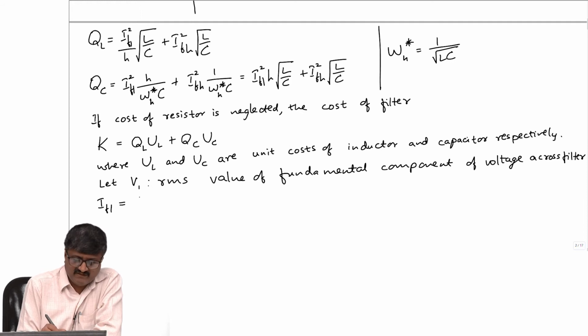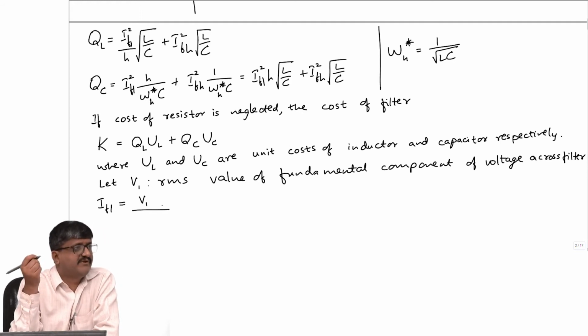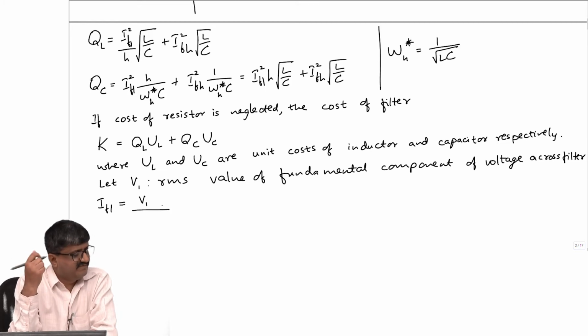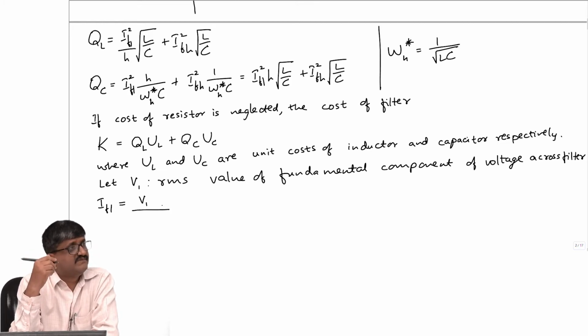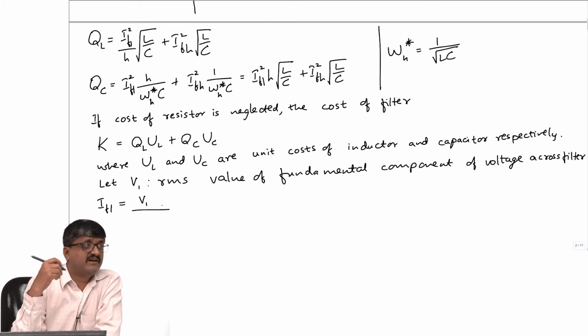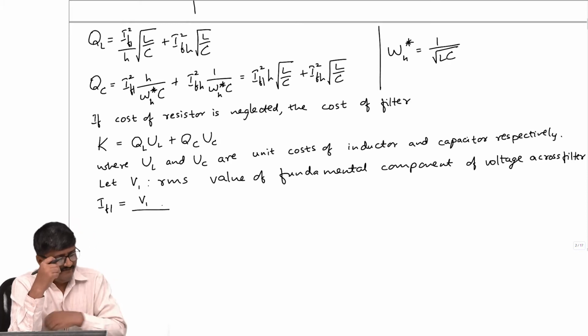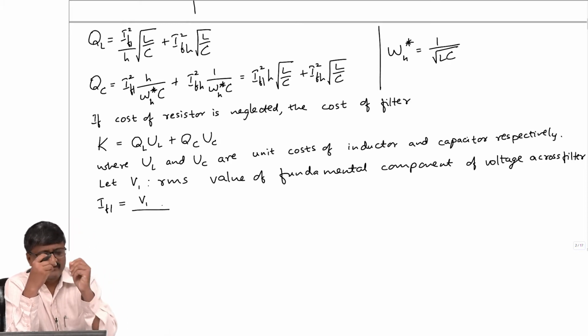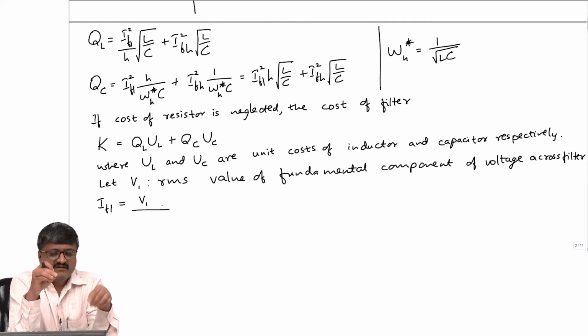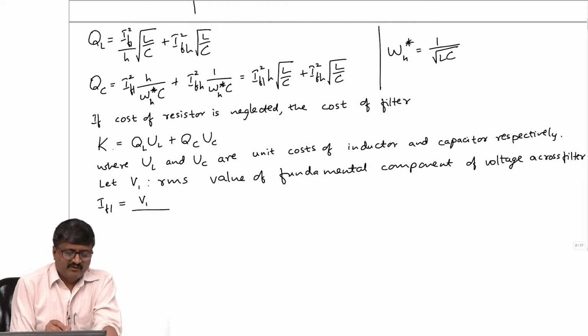It is the fundamental voltage divided by the magnitude of the impedance. What is the magnitude of the impedance? When I am designing a filter, I want to find the value of L and C. As I said, we will do a minimum cost filter.